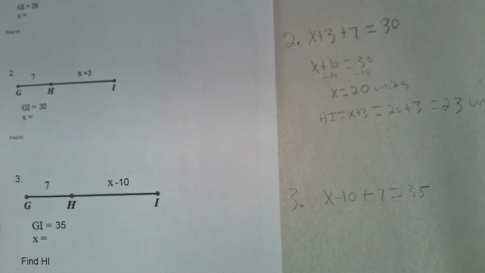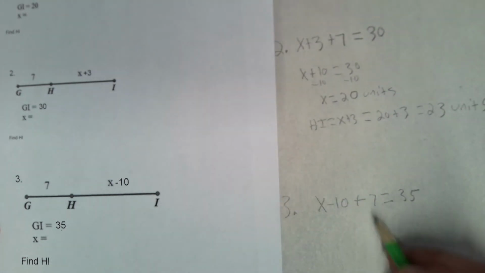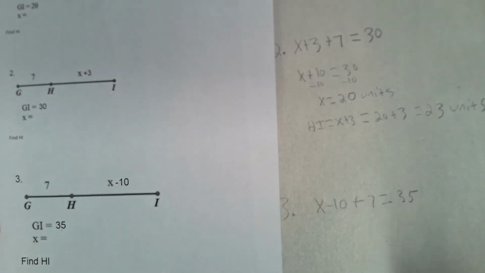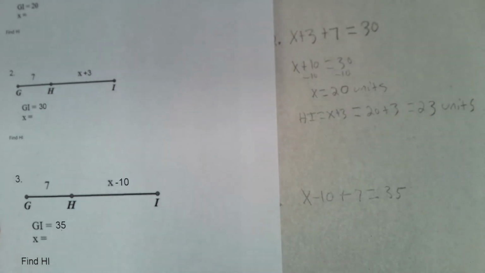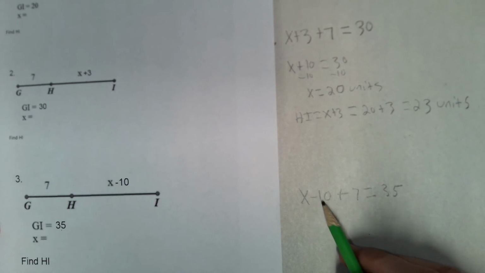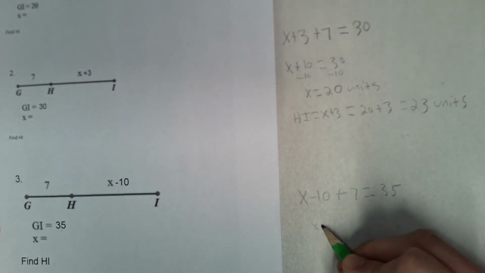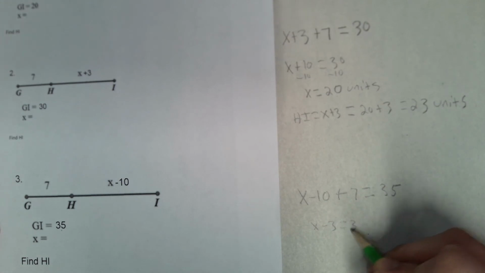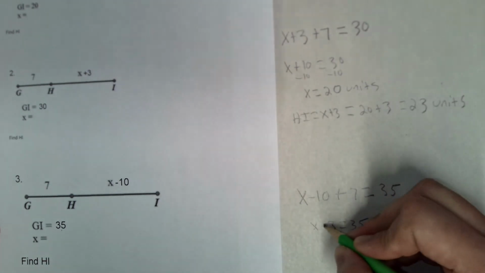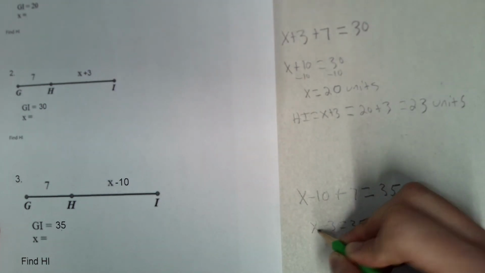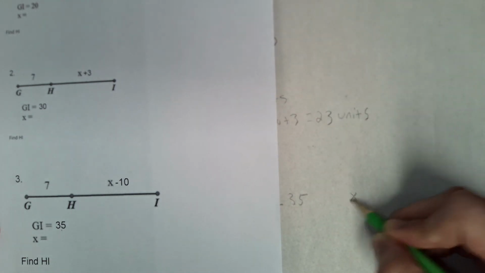Now you've got to be a little bit careful when you combine your like terms here. I'm actually going to show this two different ways. So we have negative 10 and positive 7, which is going to get me a negative 3. If you're a little unsure about combining negatives and positives, I'm just going to rewrite this here.